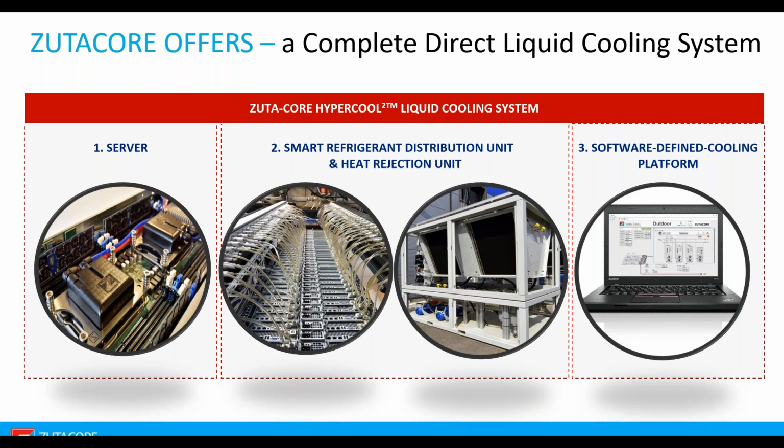All of those come with a platform of software that does the monitoring and management of the system, although the system is self-regulated. So the platform allows us over time to build more features and functionality around software-defined cooling.